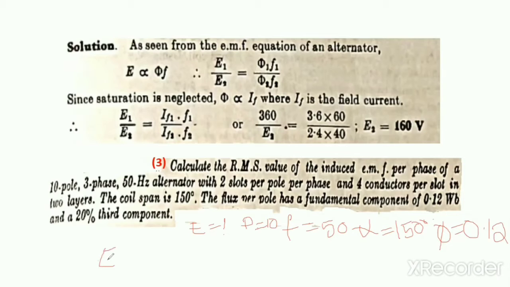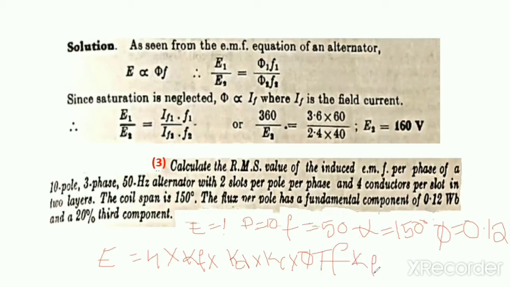What is the EMF of an alternator? Therefore, E is equal to 4 into KF into KD, the distribution factor, into KC, the coil span factor, into phi into T into F. In this case, what is the fixed value?